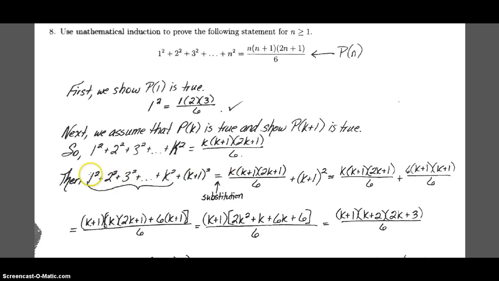So I'm replacing the first k terms with this closed form right here, and adding k plus 1 squared by getting a common denominator, rearranging it, and finally it's in the form right here, which we're looking for.